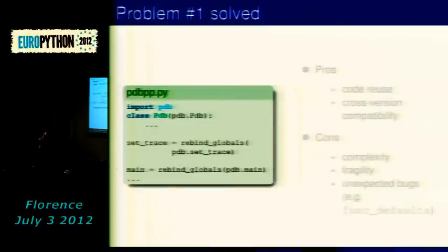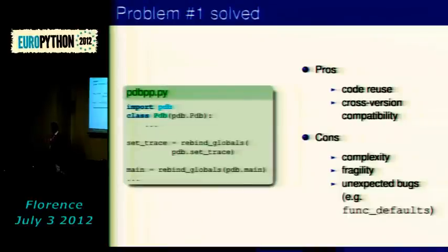So we can simply solve our original problem by rebinding the globals of set trace and main. Then when we execute them, our new PDB class is found and instantiated.